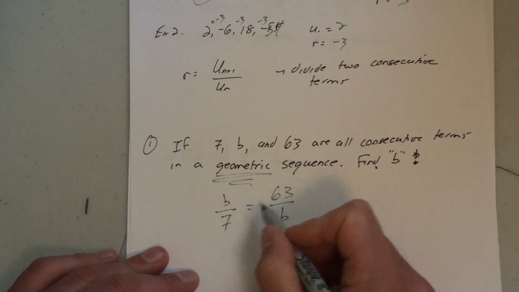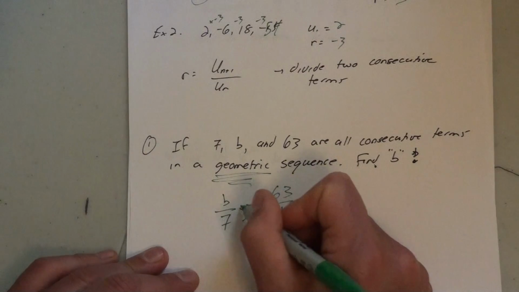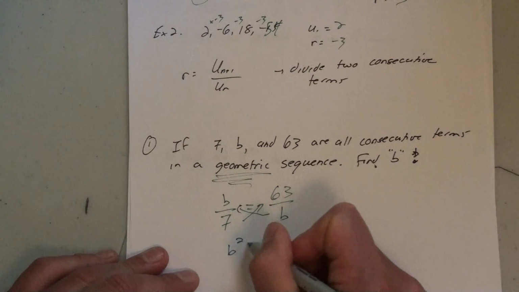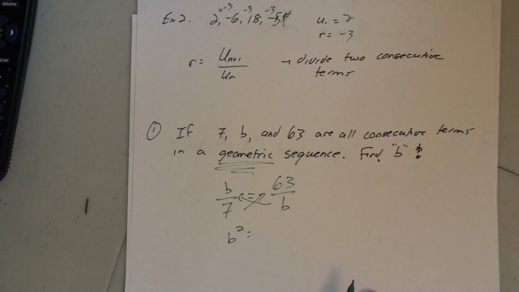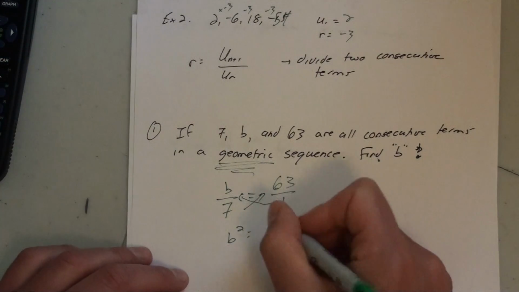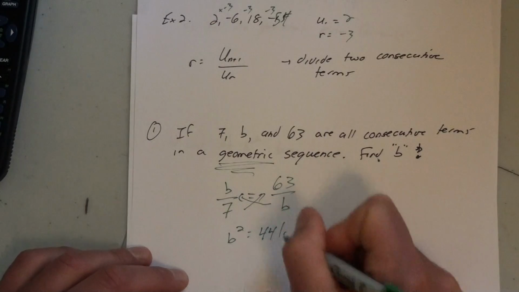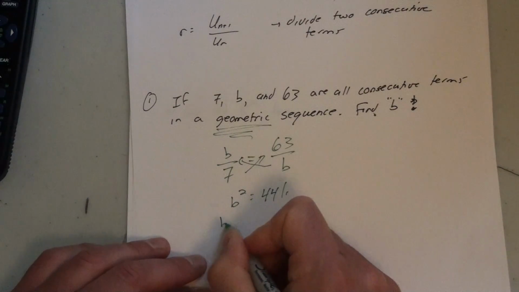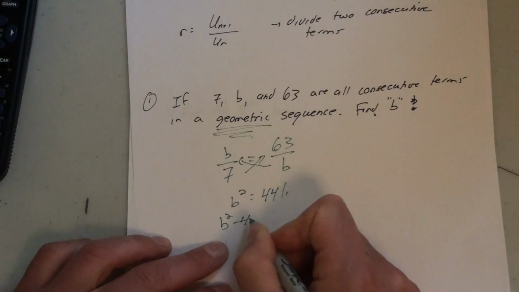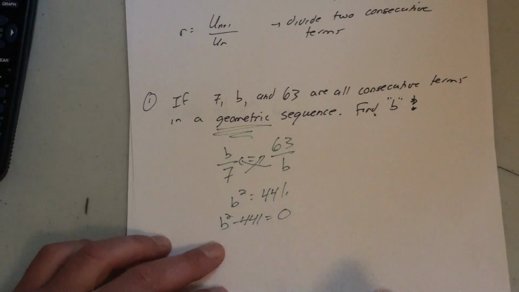Now here I have a fraction equals a fraction, which means I can do cross multiplying. Now we get B squared equals 63 times 7, which is 441. I'm going to take my 441 over to the other side and subtract it, making it equal to 0.